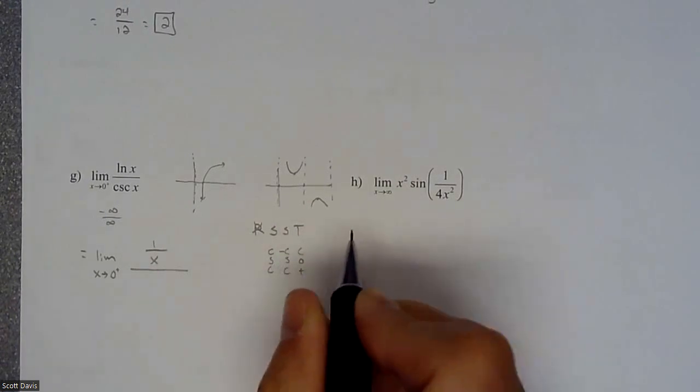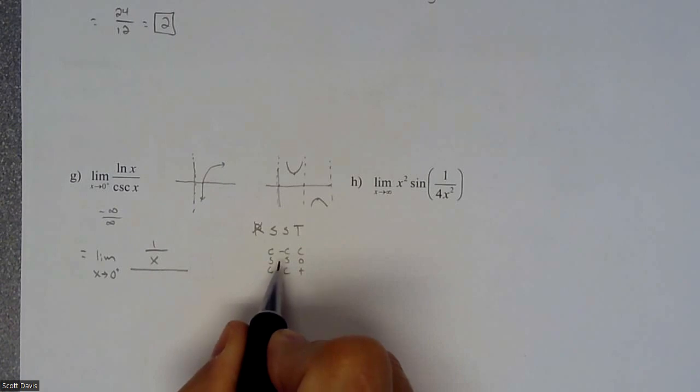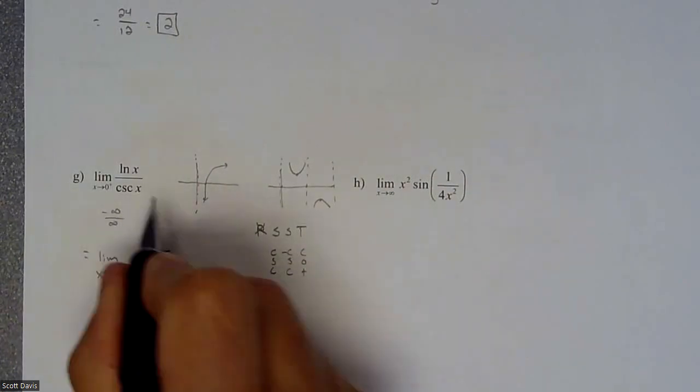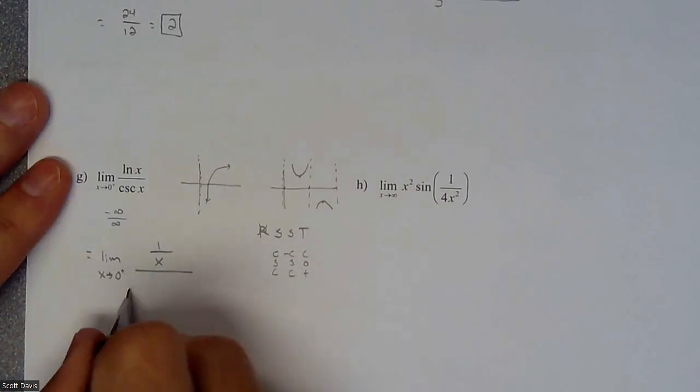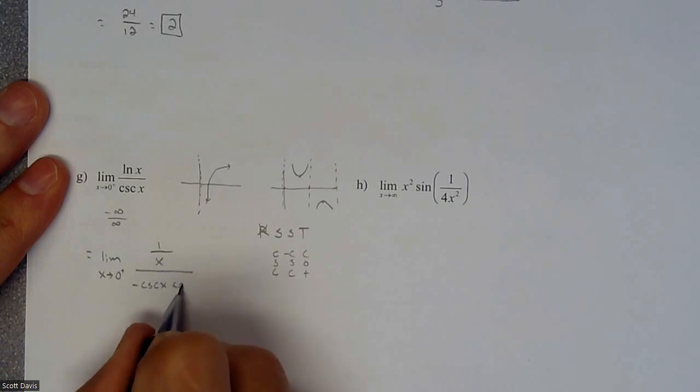And I'll put a negative because the derivative of any co-function is going to be a negative. So the derivative of cosecant is negative cosecant cotangent.